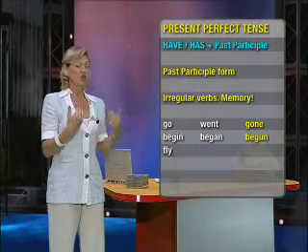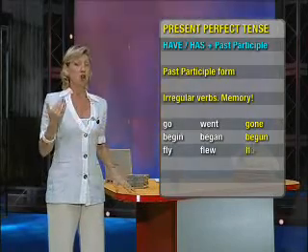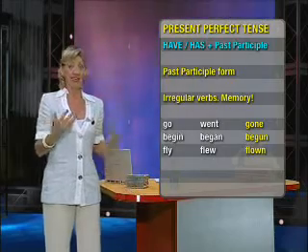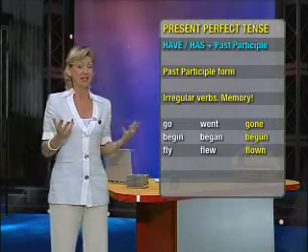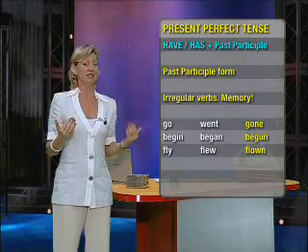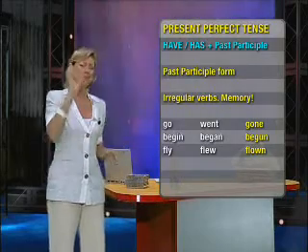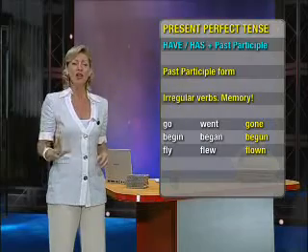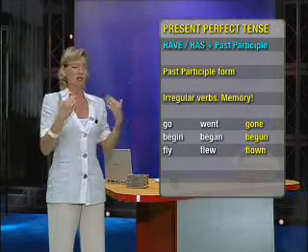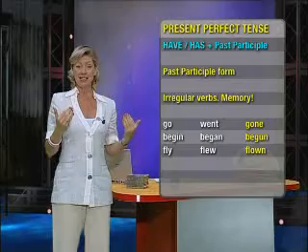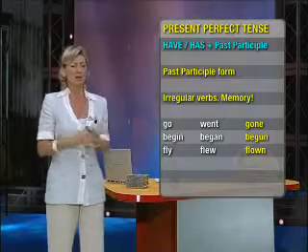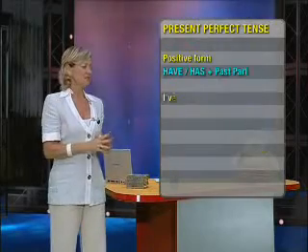Fly, flew, flown, past participle. Now here, like the past tense, you have to memorize them by heart. That's the only way. So in the verb paradigm, you need the third column in order to construct the present perfect tense.